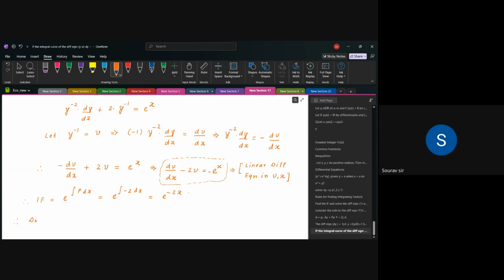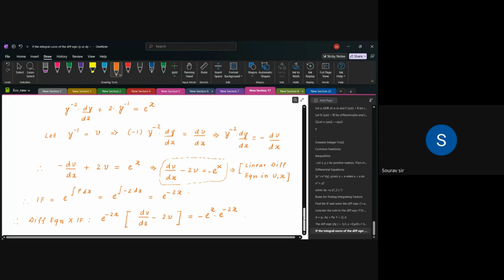And then you will multiply the differential equation with the integrating factor, right? So e to the power minus 2x, dv by dx minus 2v is equal to minus of this into e to the power minus 2x.